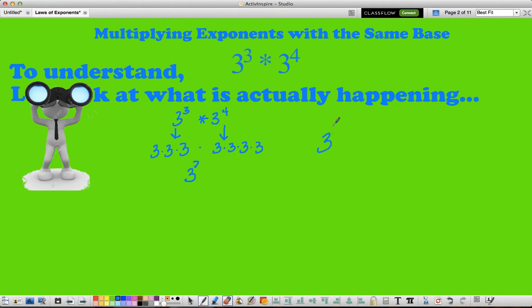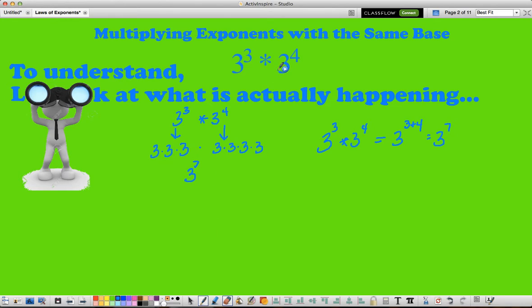If you notice that you could take 3 to the third power times 3 to the fourth power and say that it's equal to 3 to the 3 plus 4 power, you'd be correct. So whenever we're multiplying numbers that are in exponential form and they have the same base, we can add our exponents.